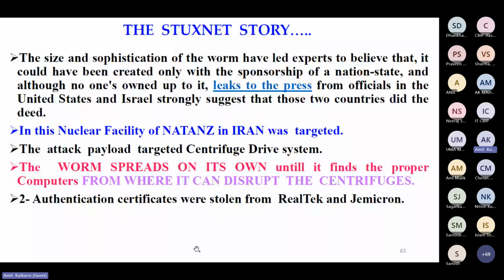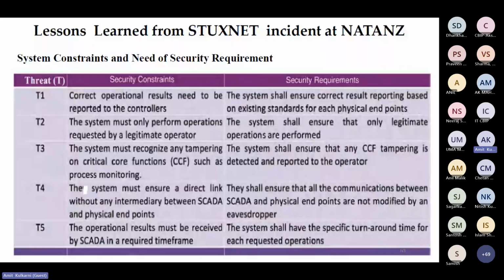So, coming to the constraints and security requirements which should have been given thought, or lessons learned out of this Stuxnet incident. Whatever things I told, that speed of a centrifuge which was seen, and you must have seen in my previous slide, an indicator giving some idea about the pressure of the gas UF6.